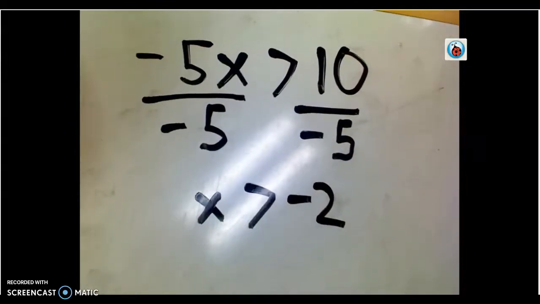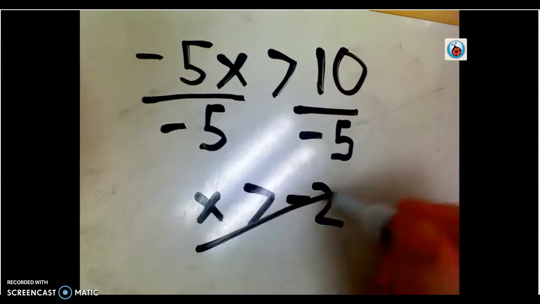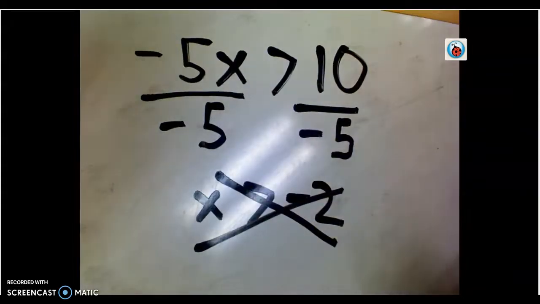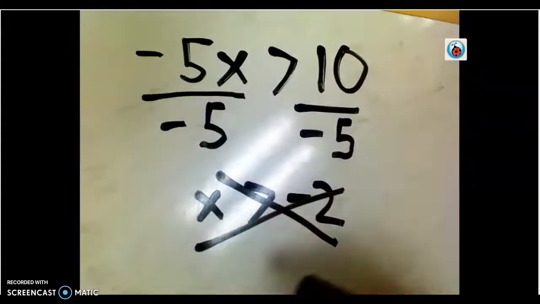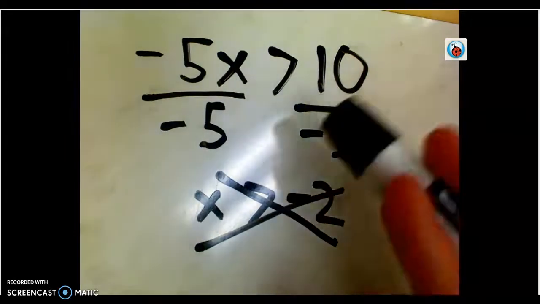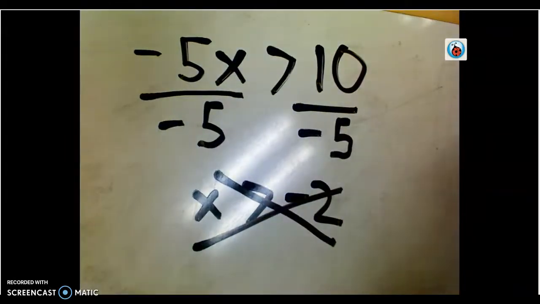Well, surprisingly enough, that is wrong. It is not x is greater than negative 2. You're probably wondering where the mistake was, because you would have never seen it before. So we're going to investigate this, find out why that is wrong and how you do get the correct answer. But I just want to do a little preview to show you why it's a little confusing.